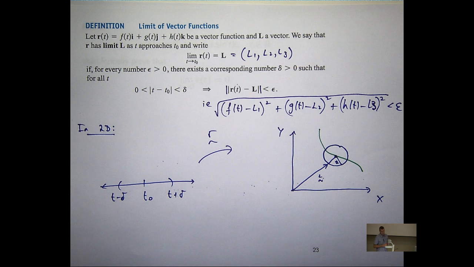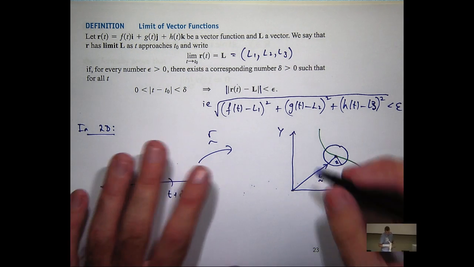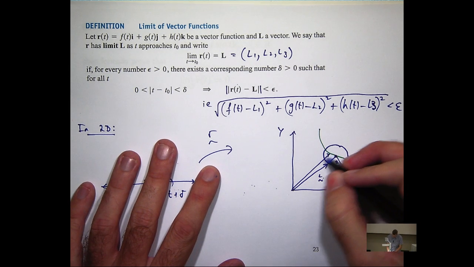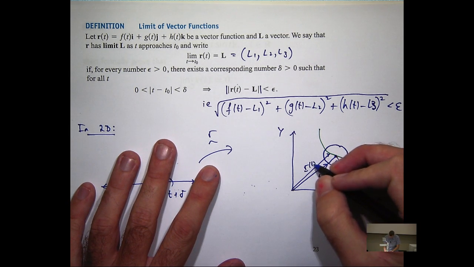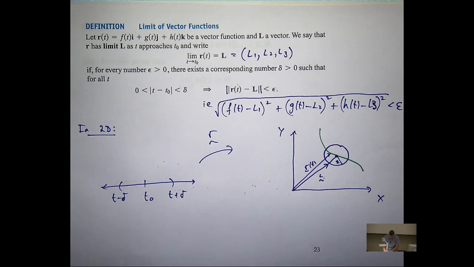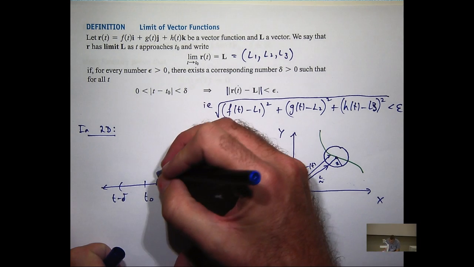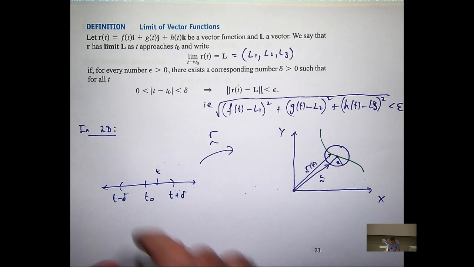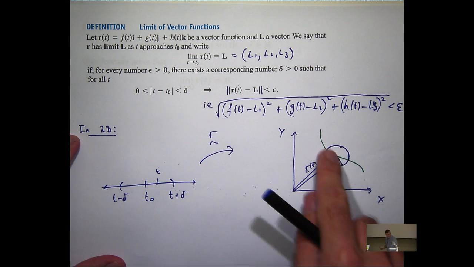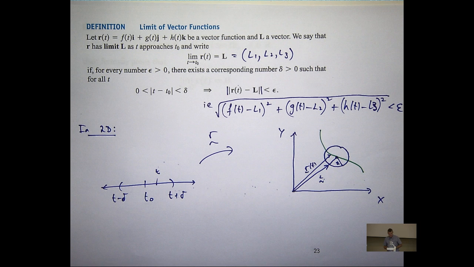That's what we mean when we say the limit of a vector valued function is equal to L. So that t there might refer to some t point here or something like that. But the point is, for all t in this interval, the curve, the green curve, will stay within a corresponding circle. That's it. That's all it is. Okay?